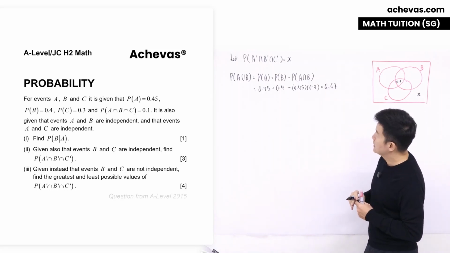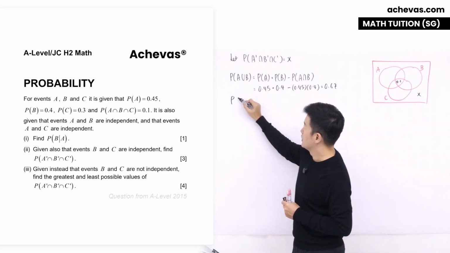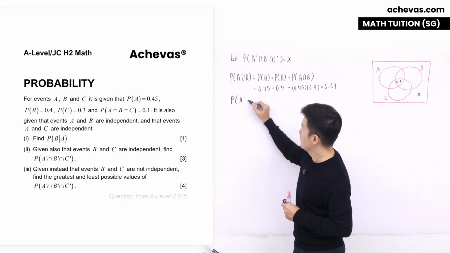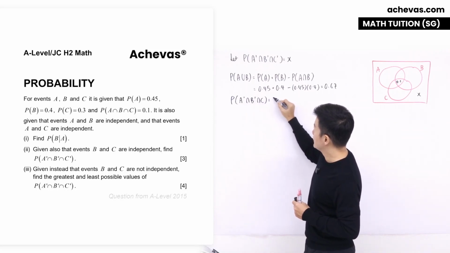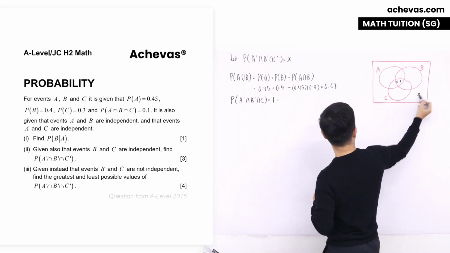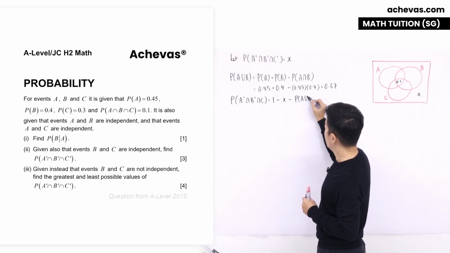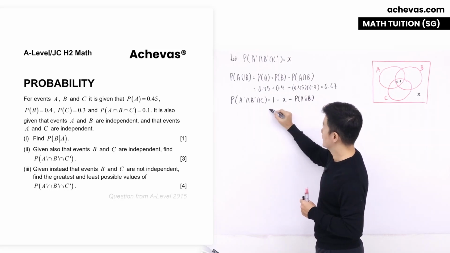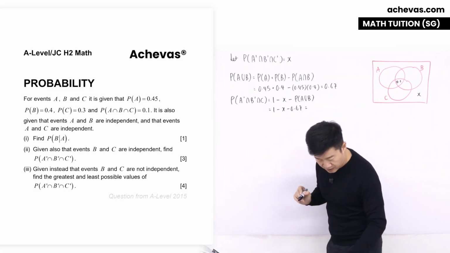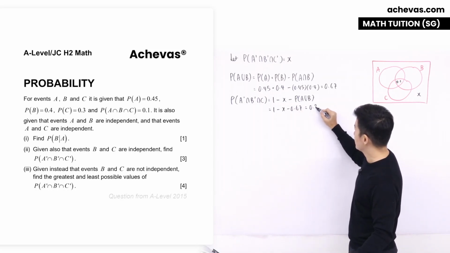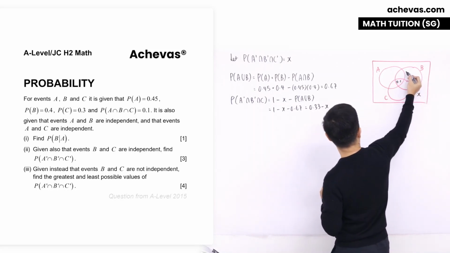And this is going to be equal to 0.67. And this will help me to find this region here, the region that is outside A, outside B, and inside C. So this will be me taking 1 minus away everything that is outside, so minus X, minus away probability of A union B. So it is going to be 1 minus X minus away 0.67, and this is going to be equal to 0.33 minus X. We will use the same strategy to find the next region.